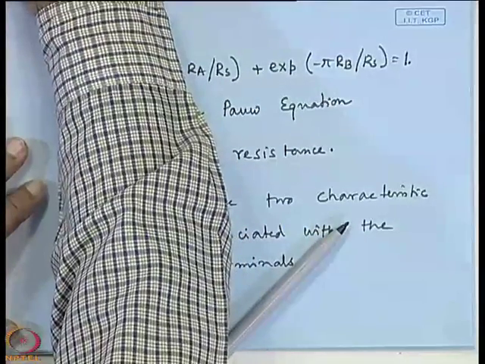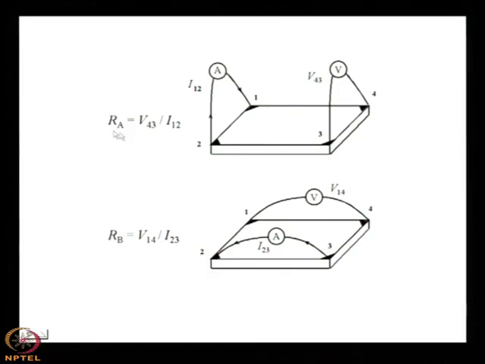You see that this is the R A and R B. What is R A? You see that 1, 2, 3, 4 are the metallic ohmic contacts.